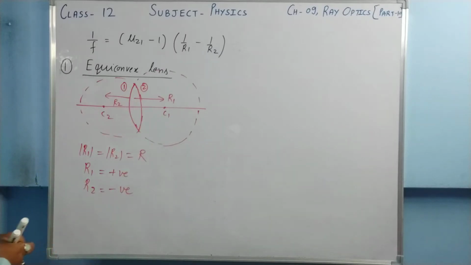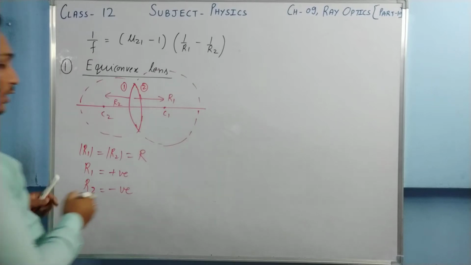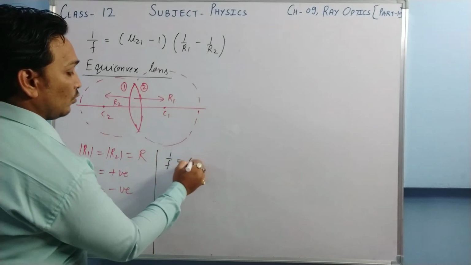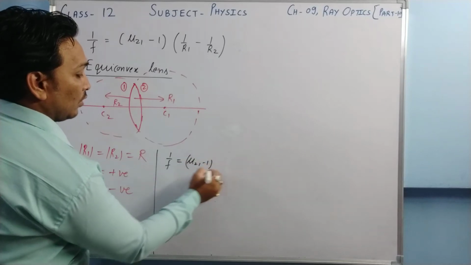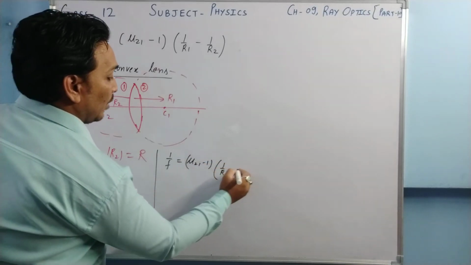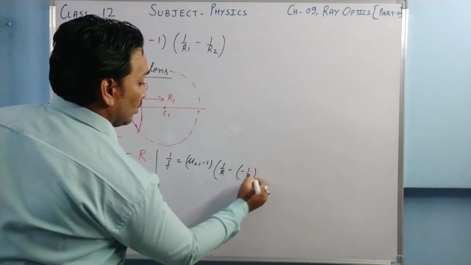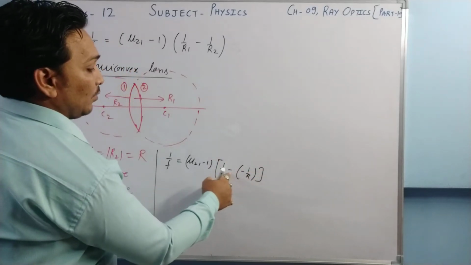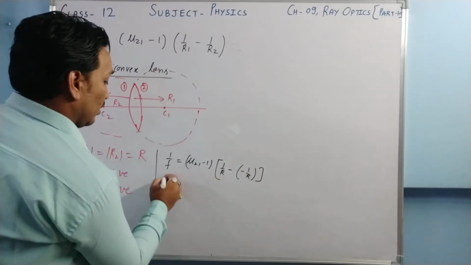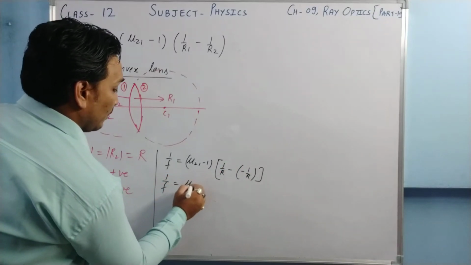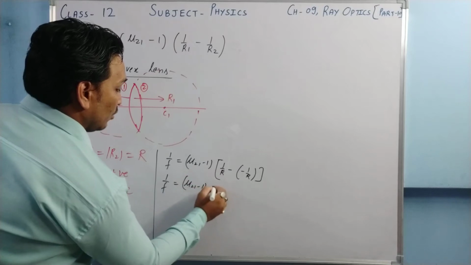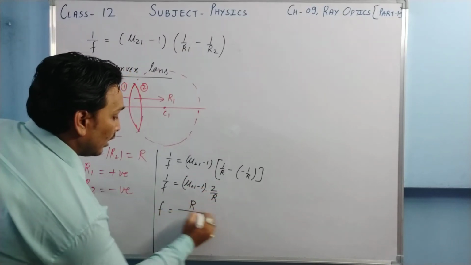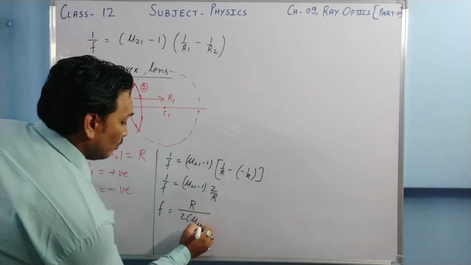Okay, so if we put these values over here, then we'll have 1 upon f is equal to mu 2 1 minus 1, into 1 upon R minus, minus 1 upon R. So the minus becomes plus, 1 by R plus 1 by R, 2 by R. So 1 upon f is going to be mu 2 1 minus 1 into 2 by R. Or we can write f is equal to R upon 2 into mu 2 1 minus 1.